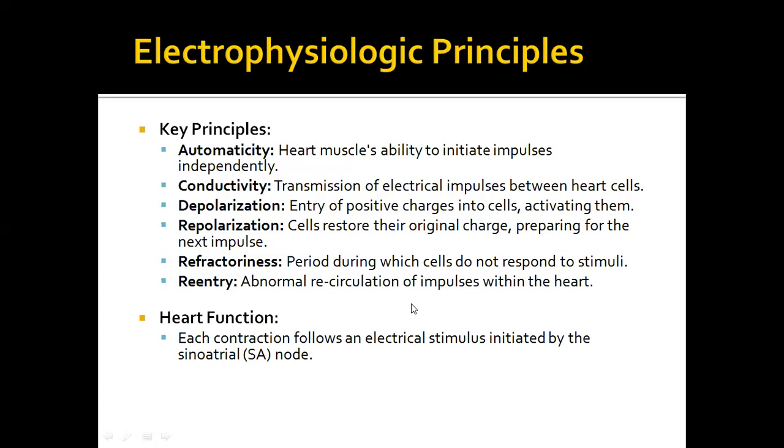The foundation of ECG lies in its electrophysiologic principles, which include automaticity, the heart's ability to generate impulses; conductivity, or how impulses are transmitted between cells; depolarization, when positive charges activate cells; repolarization, where cells restore their charge for the next impulse; refractoriness, a brief period when cells cannot respond to stimuli; and re-entry, which describes abnormal impulse circulation.